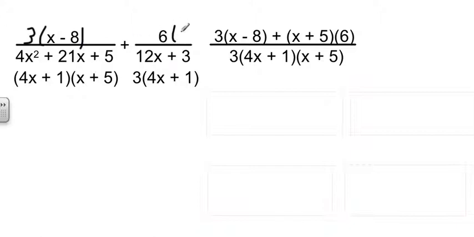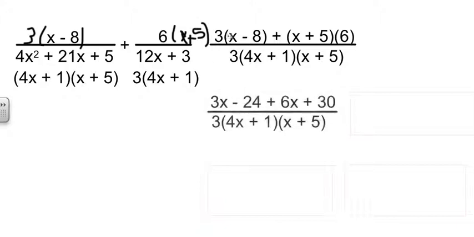We needed an x plus 5, so I've put an x plus 5 on this one. You see it there, 6 times x plus 5, 3 times x minus 8, just in the interest of saving a little space.